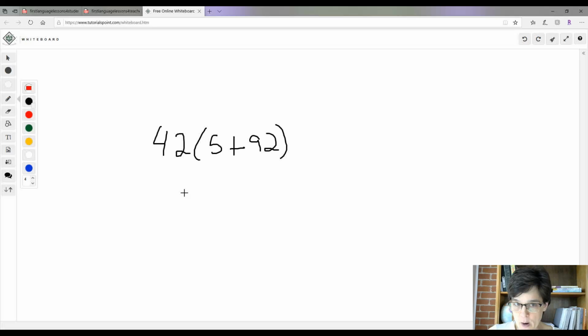The distributive property means we distribute. So whenever you have a number that's right next to a parentheses like this on the outside of the parentheses, that means times. So we're going to take 42 times 5, and we get, I have no idea.